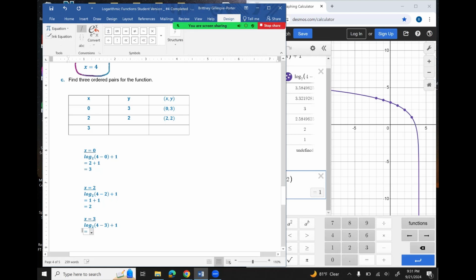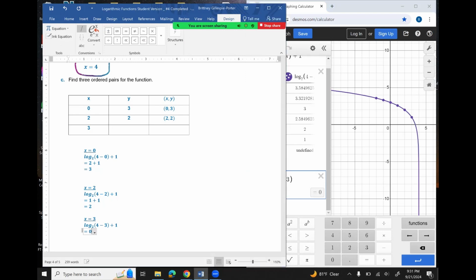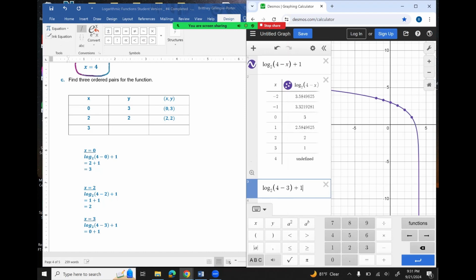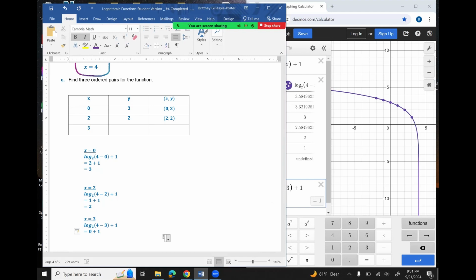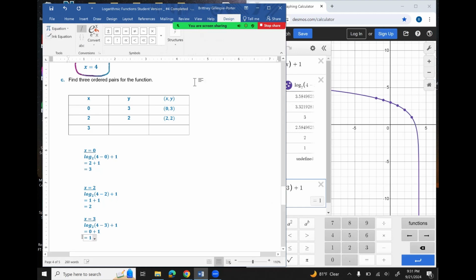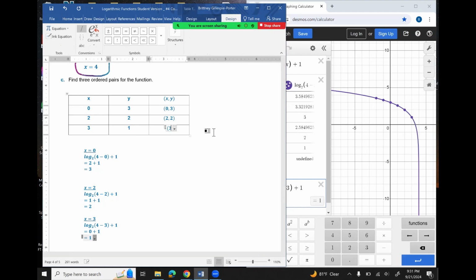And we know that 4 minus 3 is 1. So log base 2 of 4 minus 3 gets us 0. We still need the plus 1. So plus 1 at the end, which is how we get the 1. And the ordered pair that we found was 3, 1.